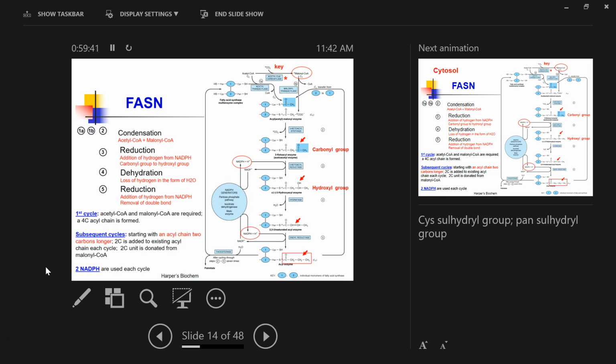Does that make sense? Again, the carbon donor is the malonyl-CoA, not the acetyl-CoA.